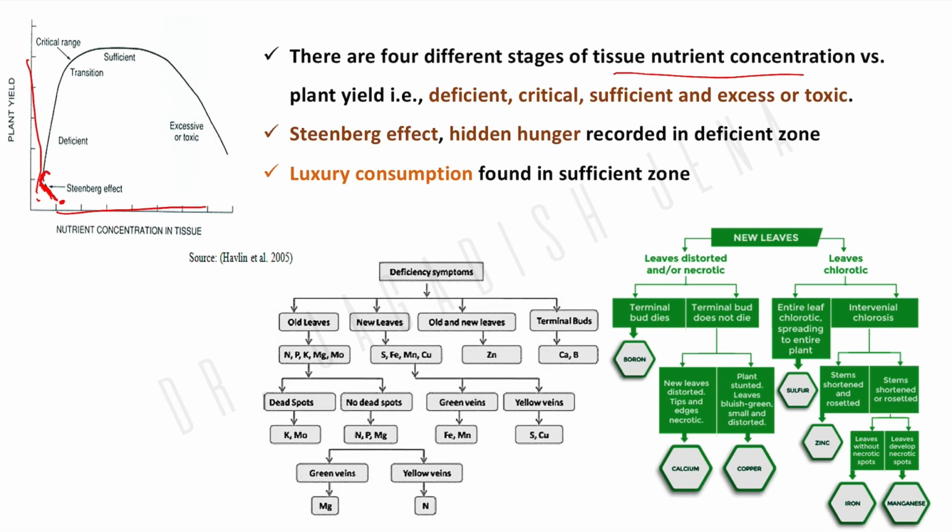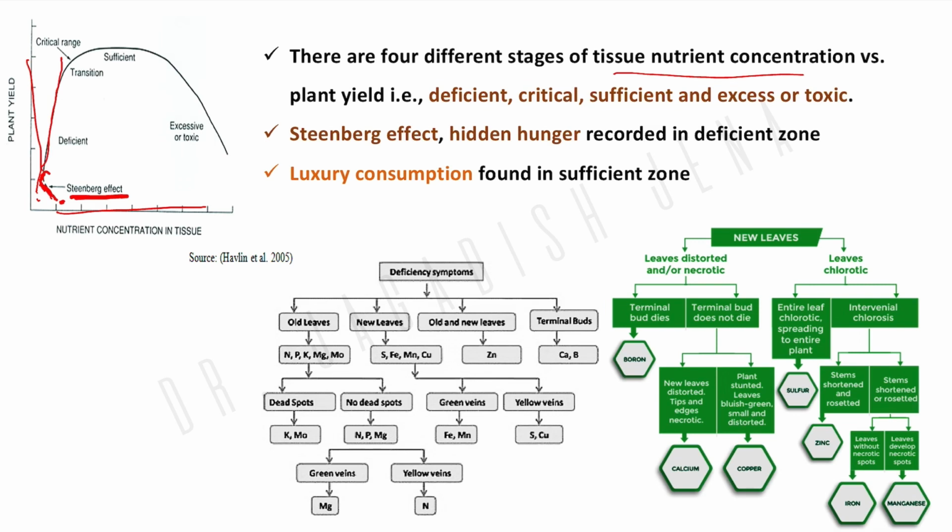So there will be a decrease in tissue concentration in the very initial stage, and that decrease in tissue concentration is known as the Steenberg effect. Okay, then there is a deficient zone where the nutrient concentration is lower and growth is higher, but there is deficiency.